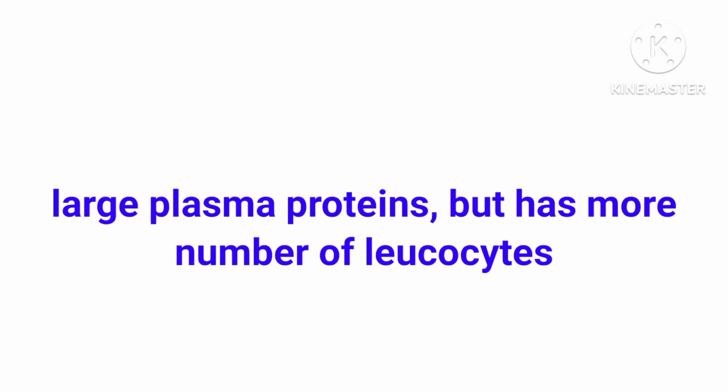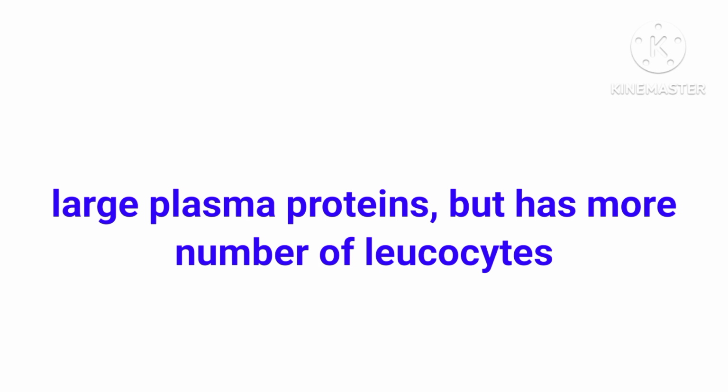And large plasma proteins. Large plasma proteins means plasma proteins include albumins, globulins and blood clotting proteins such as fibrinogen, prothrombin and anticoagulant heparin, all of which are produced by the liver.